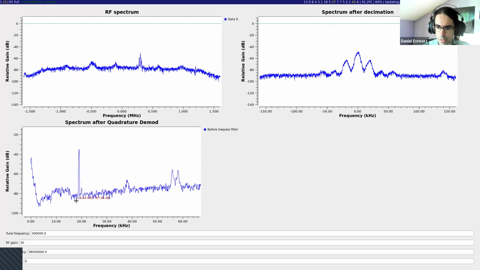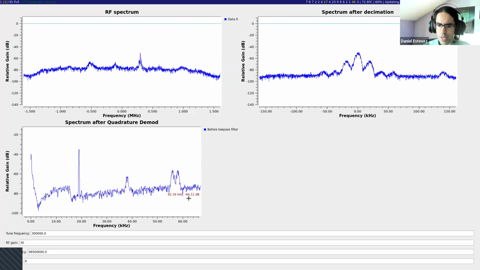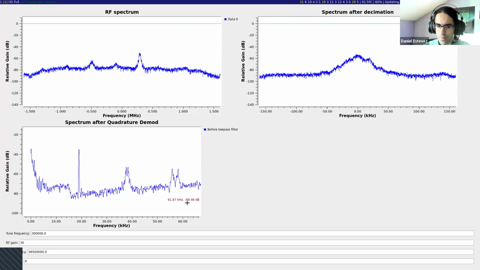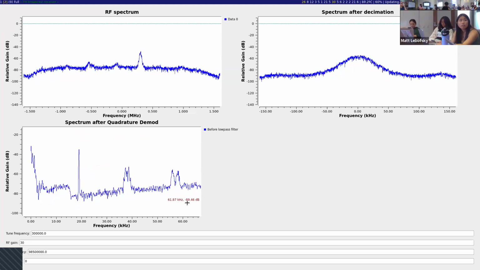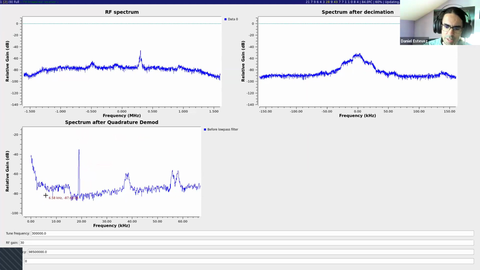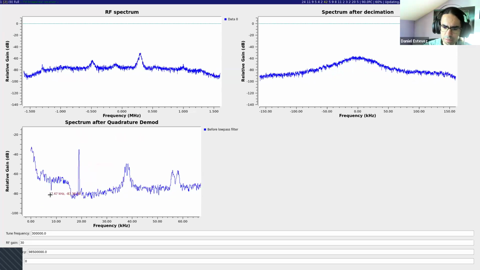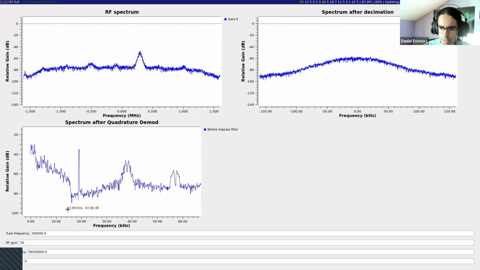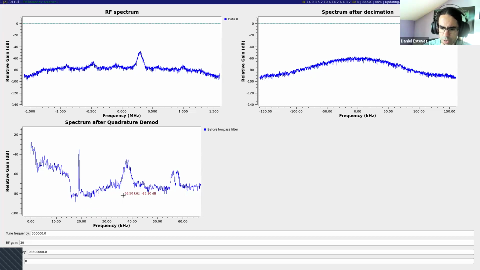Then the question is, what's the rest of the thing? Does anyone have any ideas? Are they harmonics, maybe? Well, it could be, but if they were harmonics of something, they would have the same or a similar shape, and they really don't.